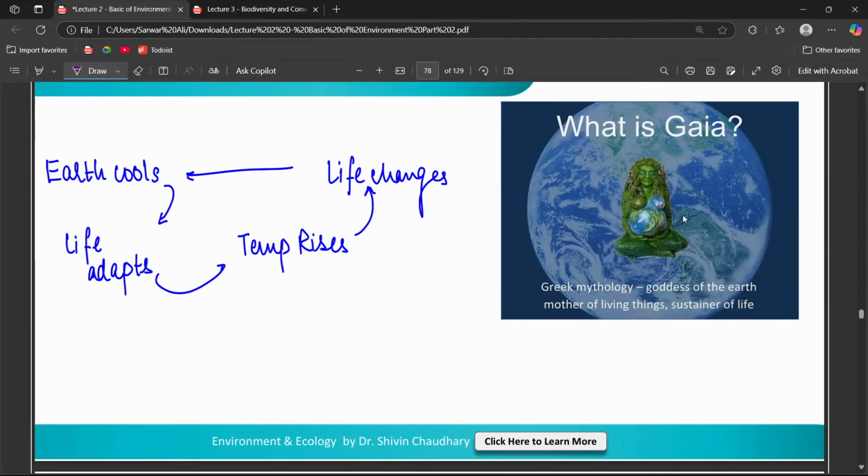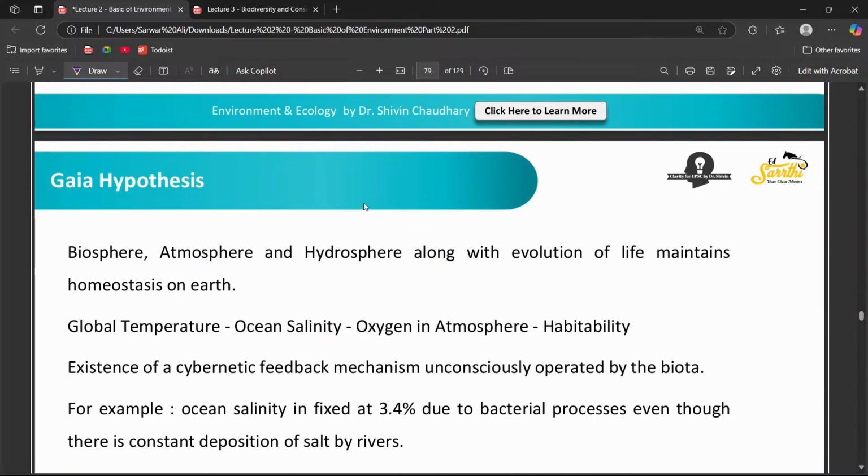What else does the hypothesis say? Gaia is Greek mythology for the goddess of earth, mother of all living things, who sustains our life. Let's say earth cools, life will adapt; temperature will rise, life will change. That is how it works. Let's say there is a large water body in an ecosystem, so it sustains many species, some that drink it, some that use it to hunt aquatic animals that live in it.